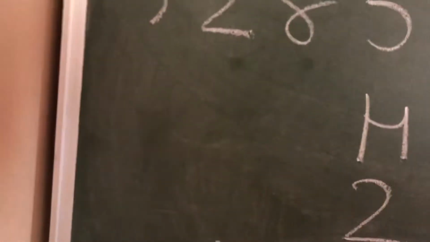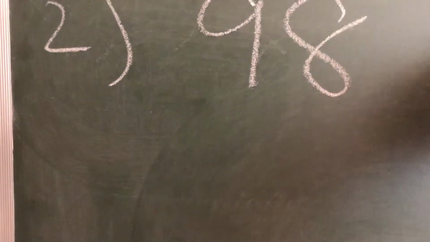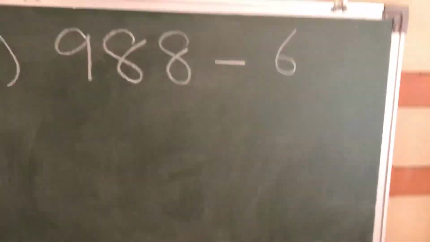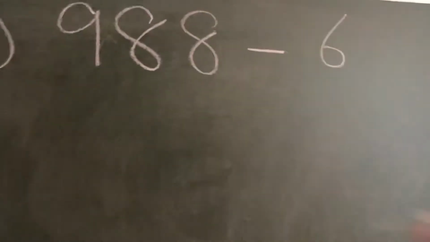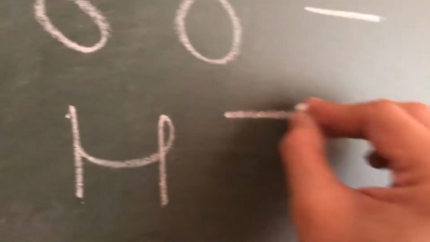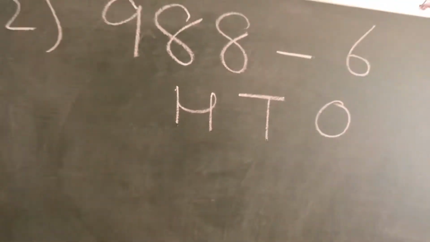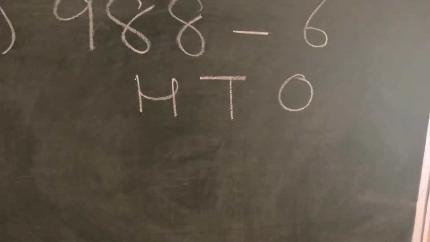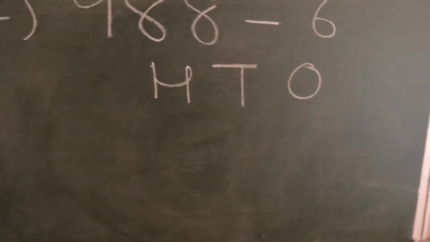Okay. Now second sum. If I take 988 minus 6. Okay. Now again hundreds, tens, ones places. Writing these places is very important because we need to know where we have to place the numbers, right?